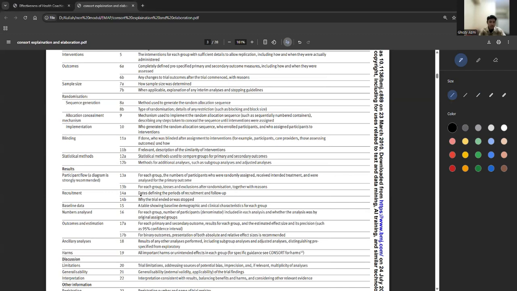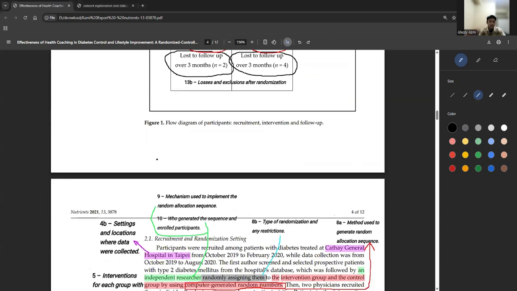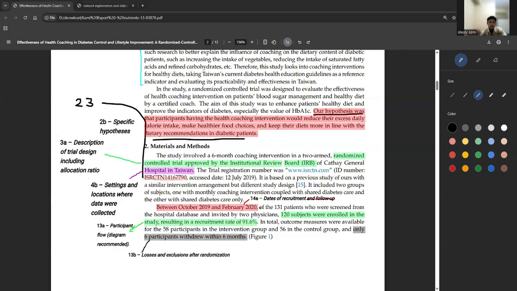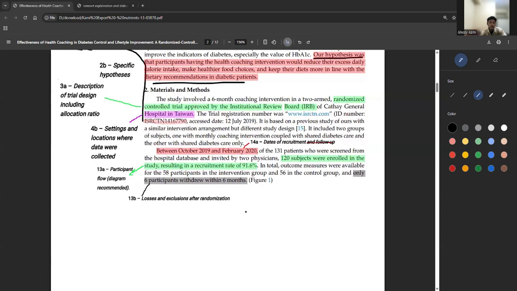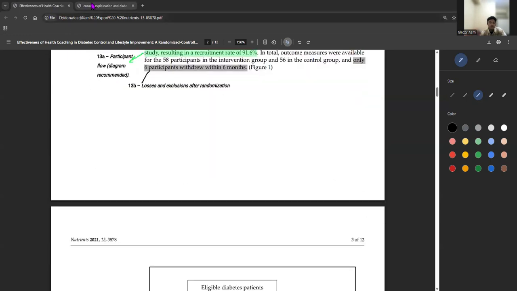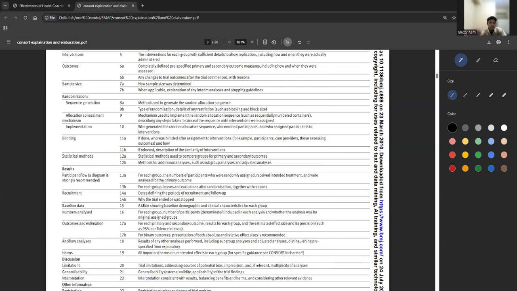Next is 14A, dates defining the periods of recruitment and follow-up. This is between October 2019 and February 2020. And then we move to 14B, why the trial ended or was stopped.